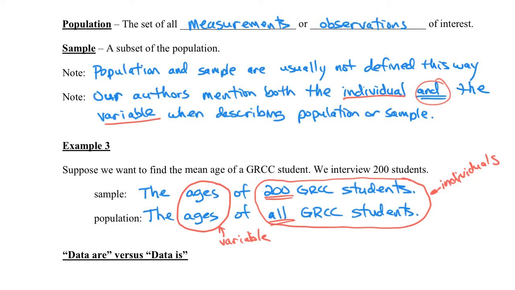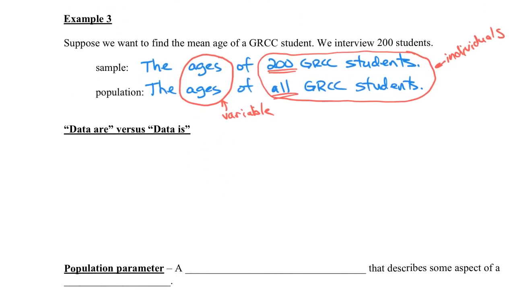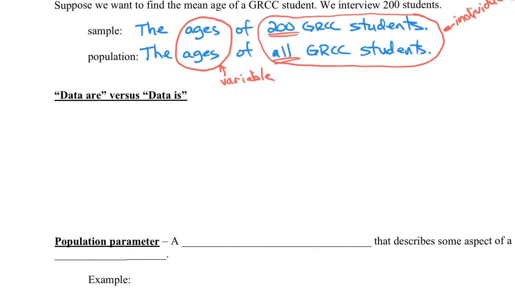All right. We'll practice a couple more too. Then we come to the data are versus data is controversy. I didn't know this was so controversial until I started teaching this class. I think it was a take-home quiz we had, and one of the questions had a sentence that said something like, data are, and then it kept on going.